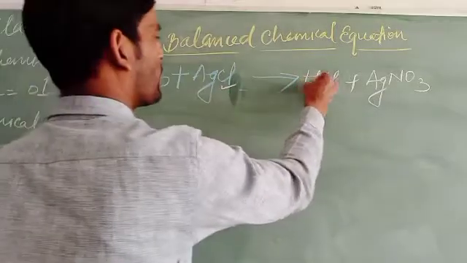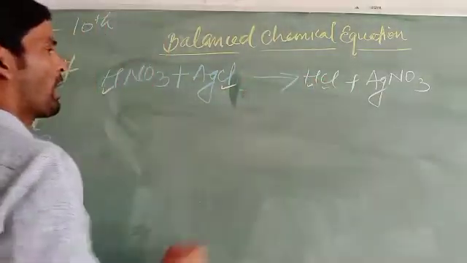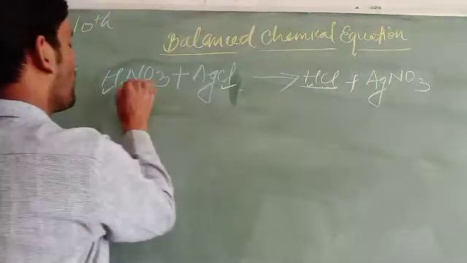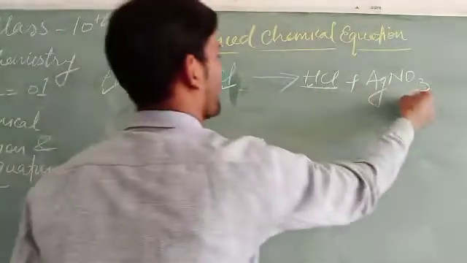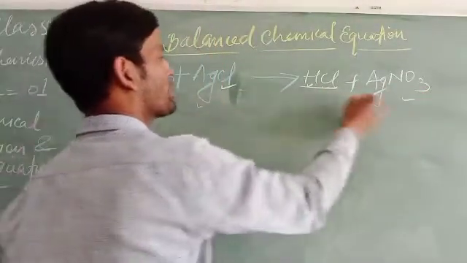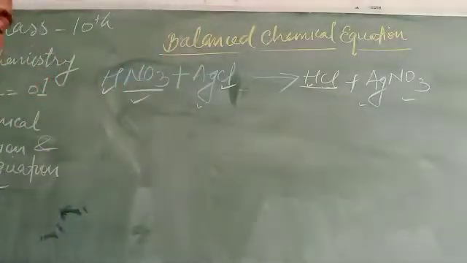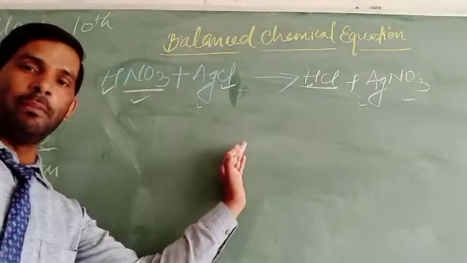So one molecule hydrogen, one molecule chlorine, hydrochloric acid. And the NO3 having one molecule. Silver is one molecule, silver is one molecule. So it is completely balanced.